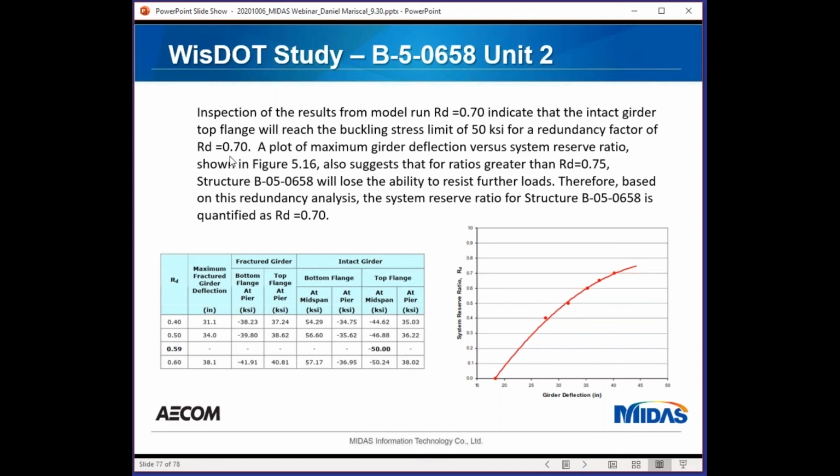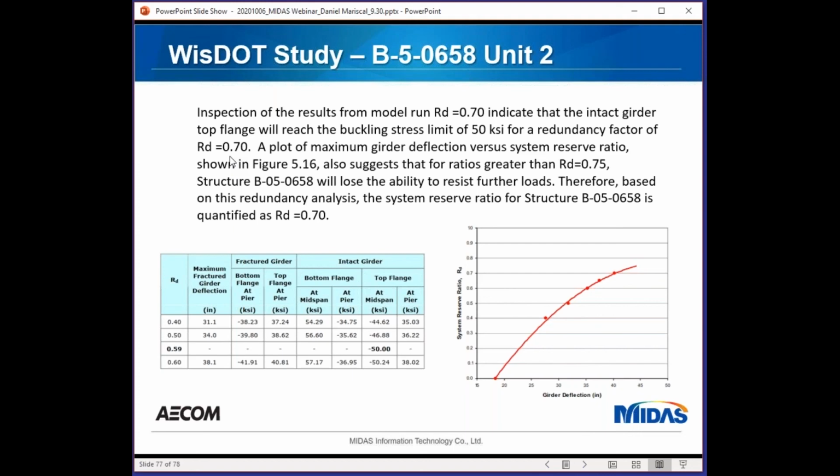In this analysis, each model was analyzed with a different RD. We went from a small RD and increased the live load. We had the two trucks and the lane load, and we used a factor for that live load.